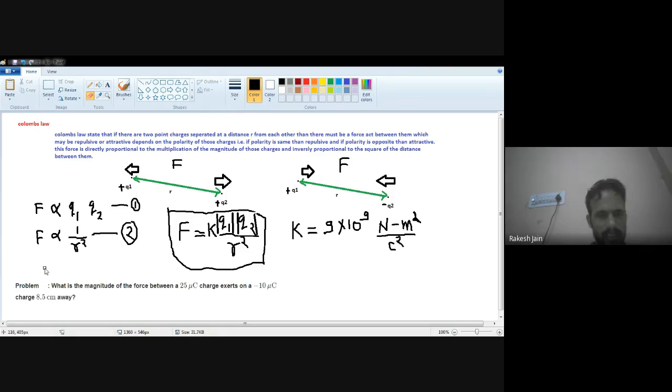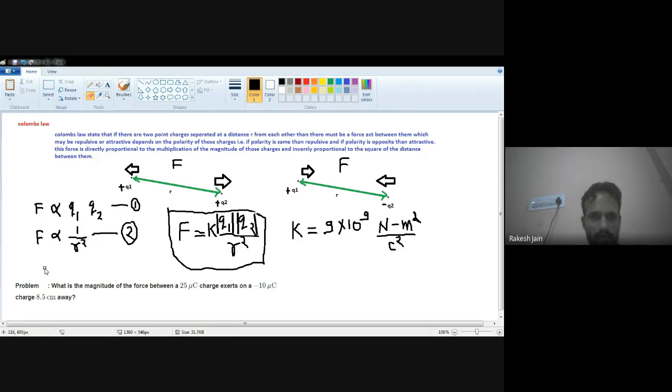The question is: what is the magnitude of the force between a 25 microcoulomb charge, micro being 10 to power minus 6, and a minus 10 microcoulomb charge. So Q1 is 25 multiplied by 10 to power minus 6 coulomb and Q2 is minus 10 multiplied by 10 to power minus 6 coulomb.